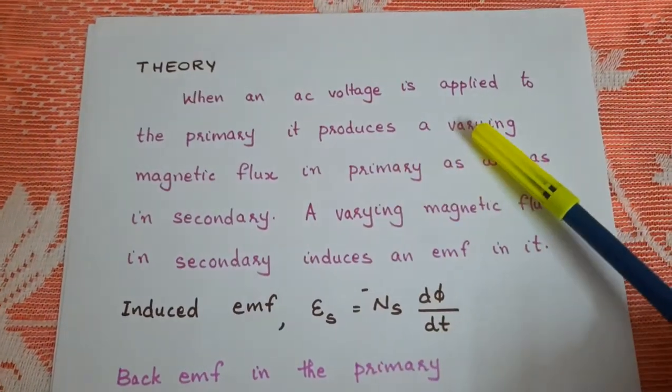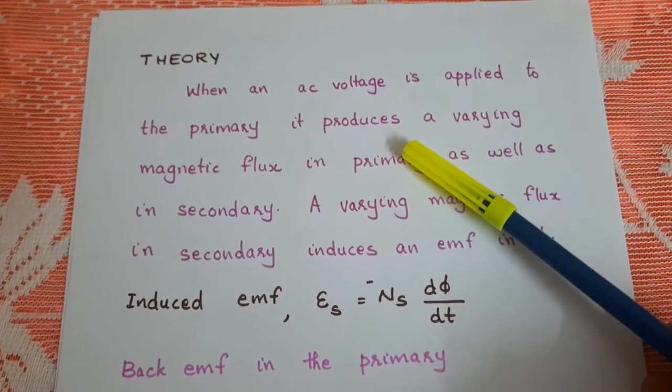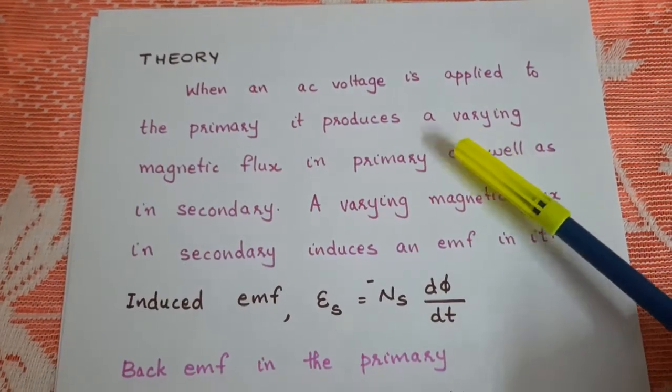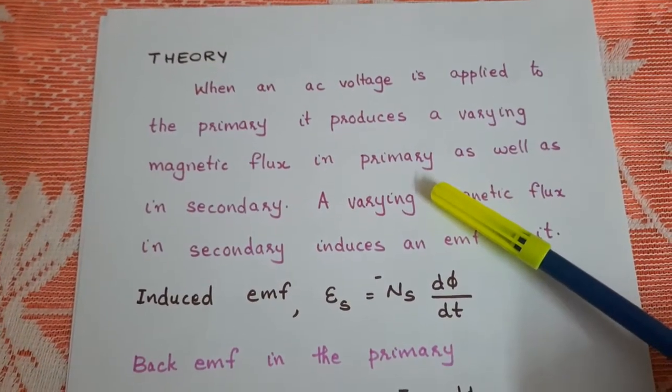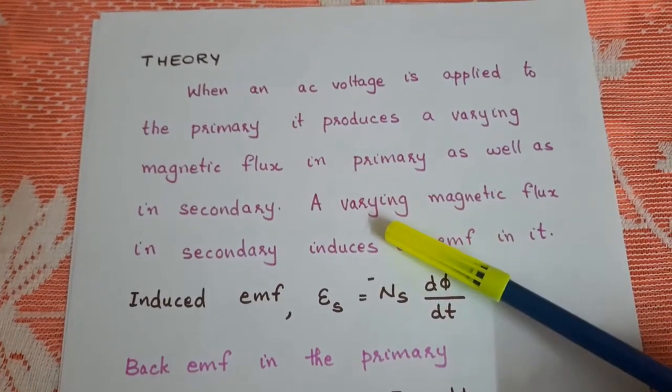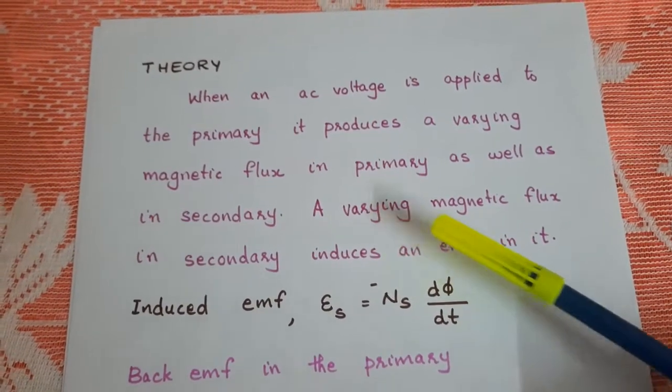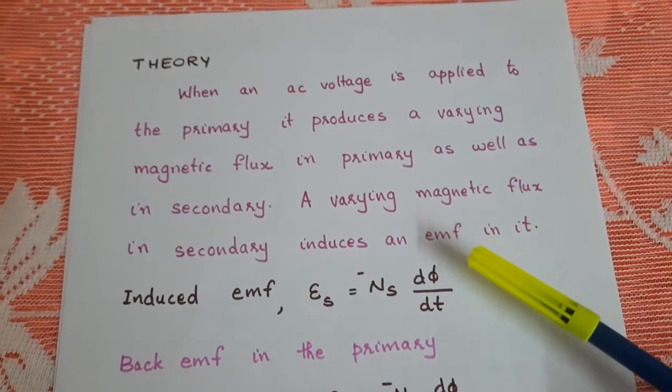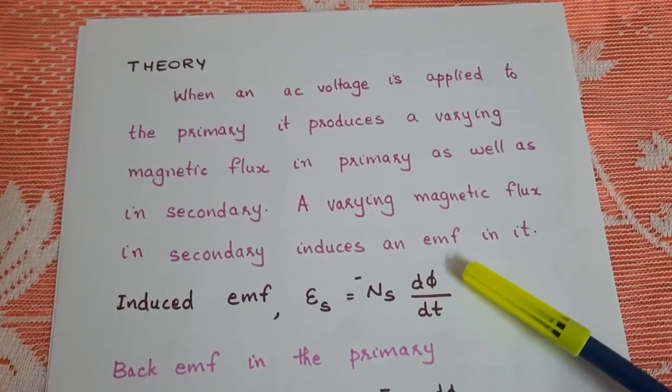When an AC voltage is applied to the primary, it produces a varying magnetic flux in primary as well as in secondary coil. A varying magnetic flux in secondary induces an EMF in it.